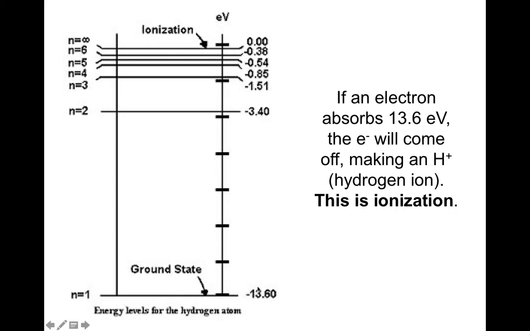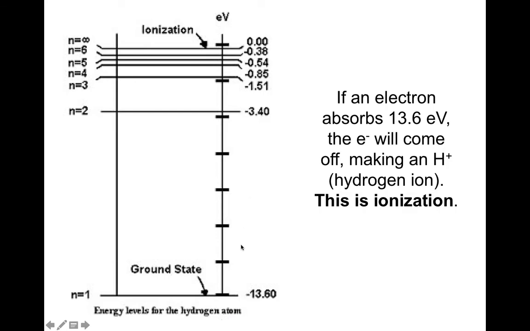So in order to go all the way up to 0, right, you'd have to add 13.6 electron volts to this electron because it has essentially negative 13.6 electron volts of energy. So each level has a specific energy associated with it, and to jump from one level to another, you have to absorb a very specific amount of energy.